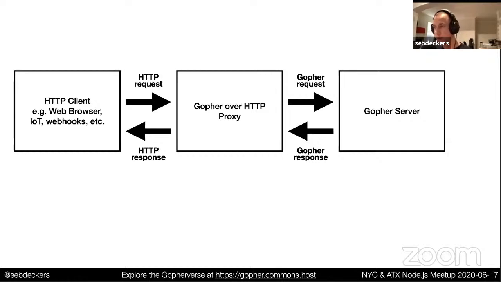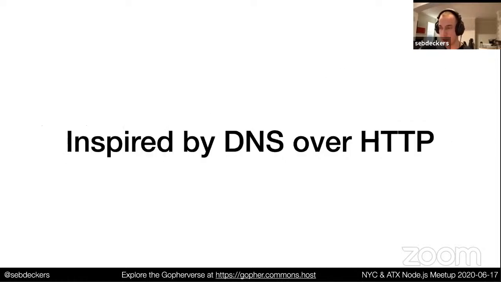The Gopher request then goes as an actual Gopher request to a Gopher server, which sends its plain text response back on port 70, and then the Gopher over HTTP proxy returns that to the HTTP client as an HTTP response body.